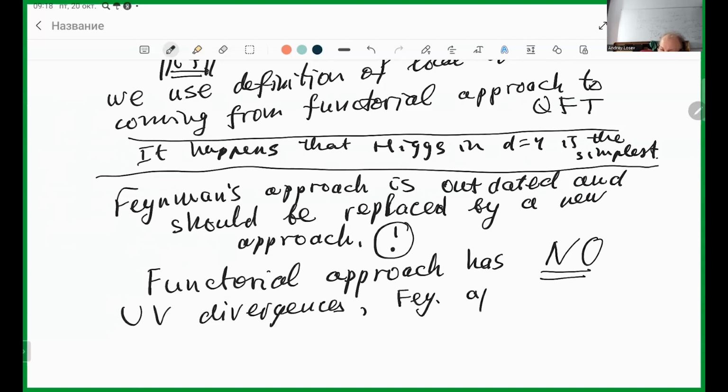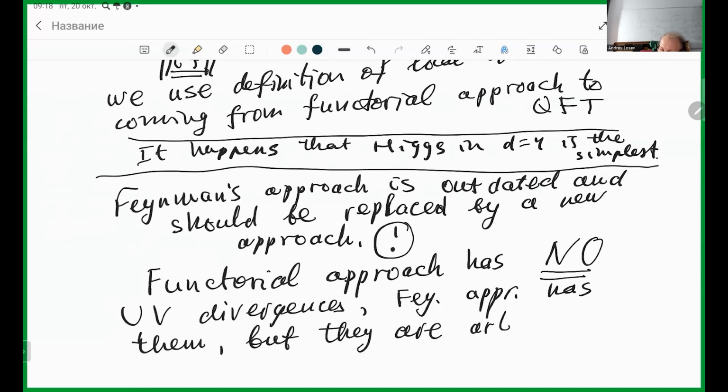Feynman approach has them, but they are artifacts of Feynman approach. And this would be the main message of my today's lecture.